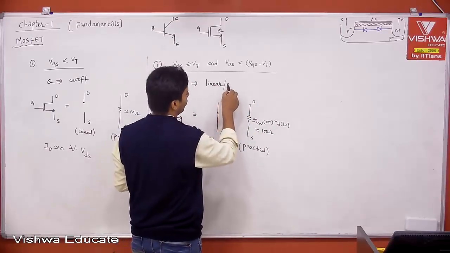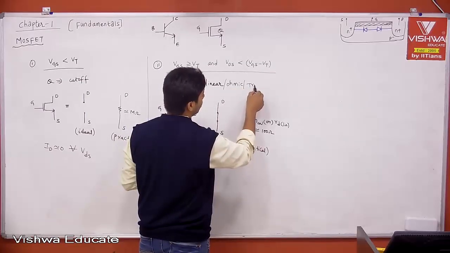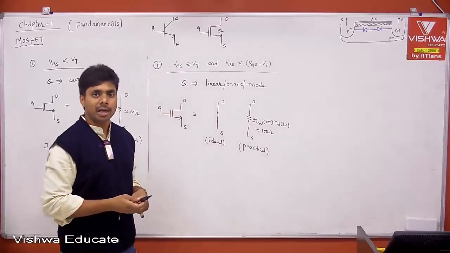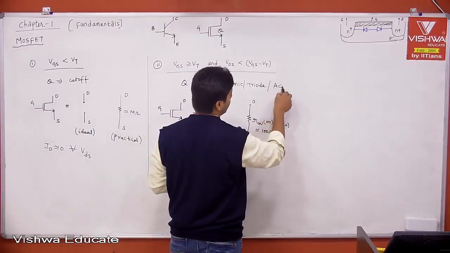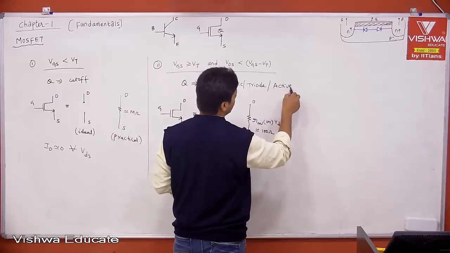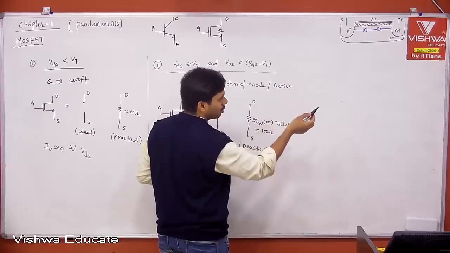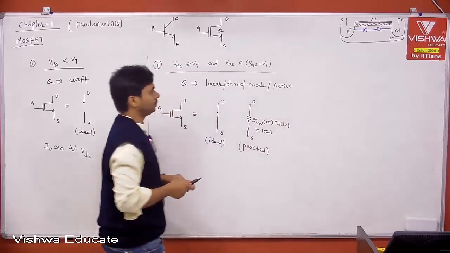Or, following Ohm's law, people call this ohmic region, or people call this triode region. The name triode has come from vacuum tube operation, right? Or this is also called active region. Don't confuse. In the case of BJT, this is not active region, this is saturation. But in MOSFET, active region and saturation are vice versa.